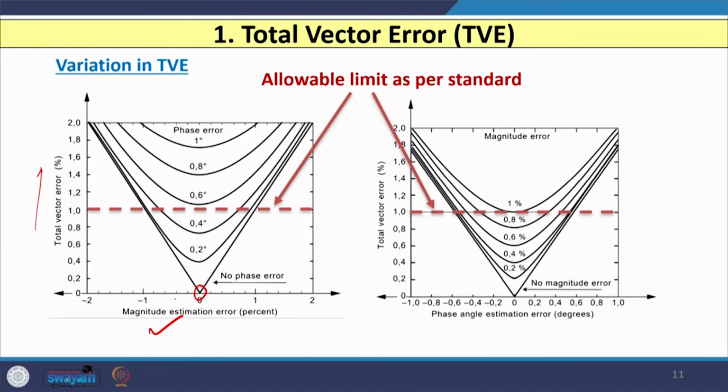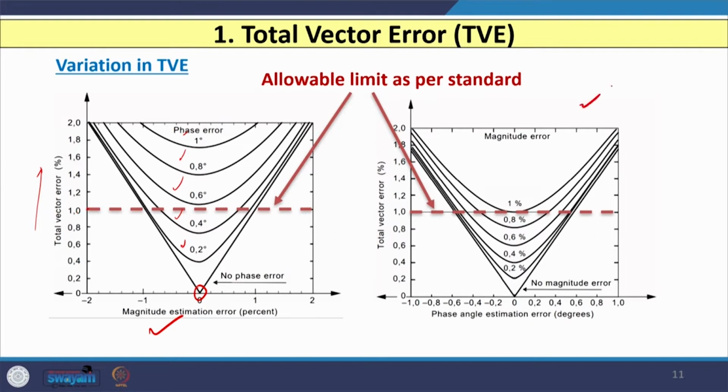If you increase the phase error, let us say 0 to 1 degree, then you will have a different curve like this, and you can see that this 1% of total vector error is the allowable limit as per standard.